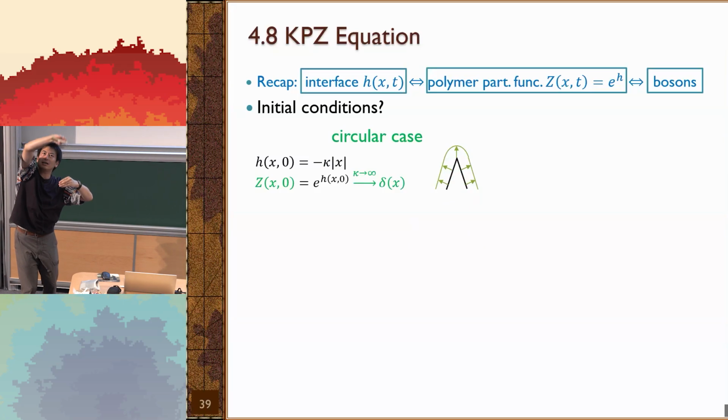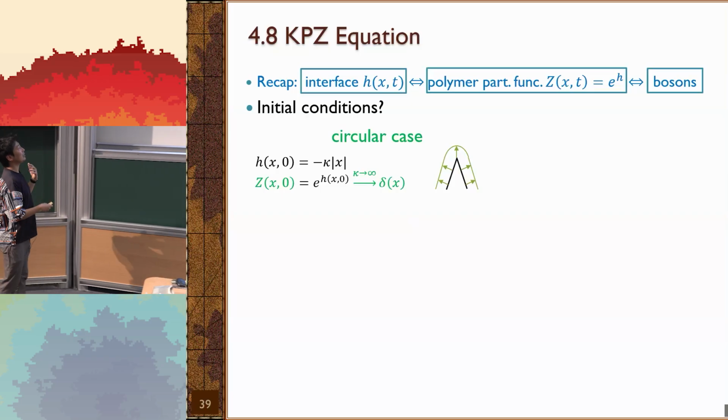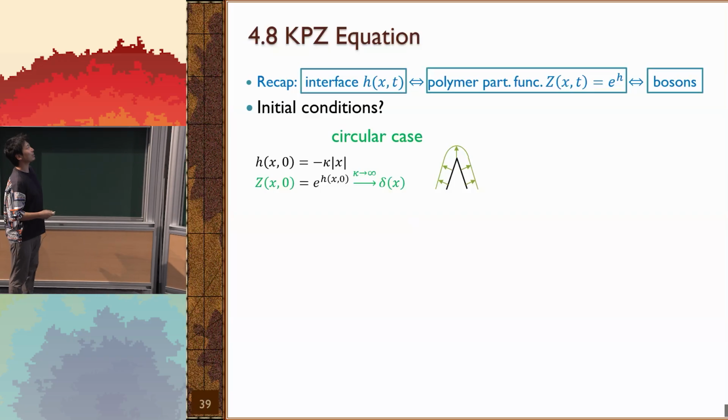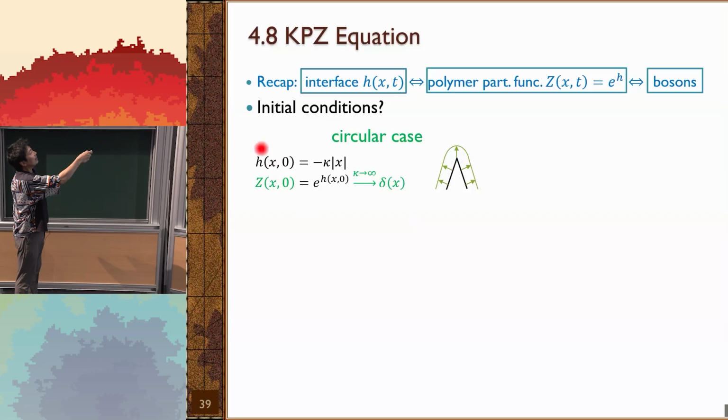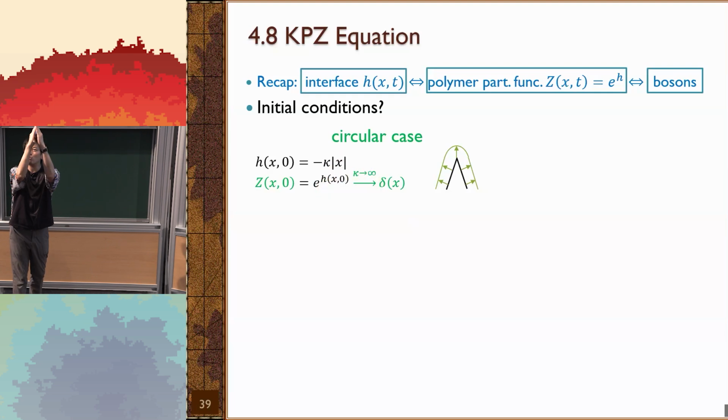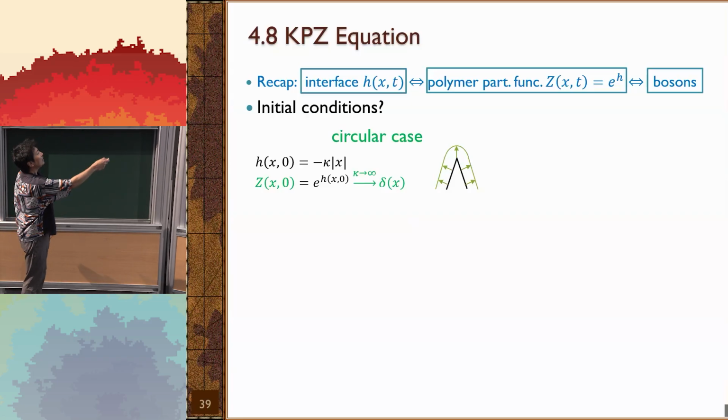The top part is parabolic, and it's curved. So it's expected to be the circular case. And then Z is exponential of h. So you put this to the power of this exponential, and then you can take the kappa to infinity limit. This is a narrow wedge limit, and this Z goes to the delta function.